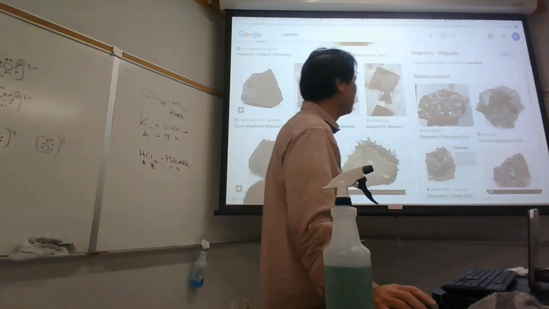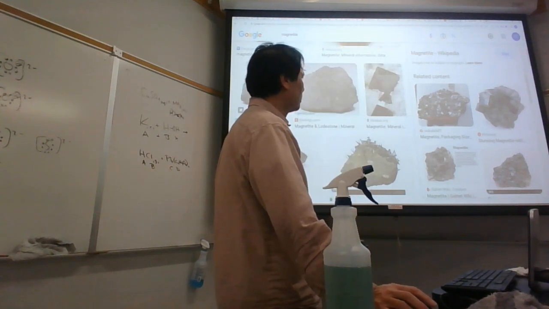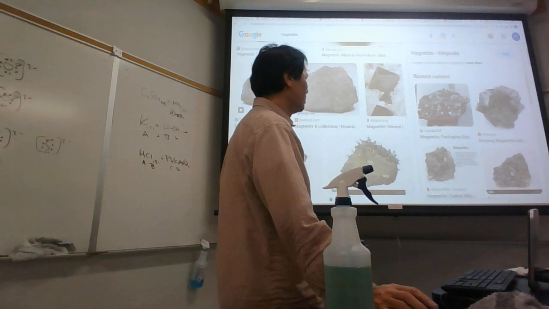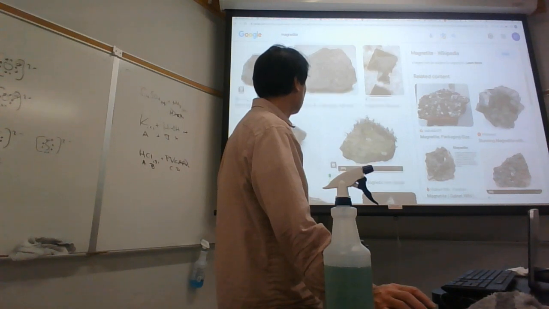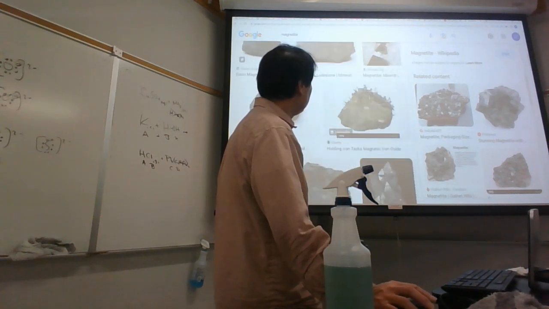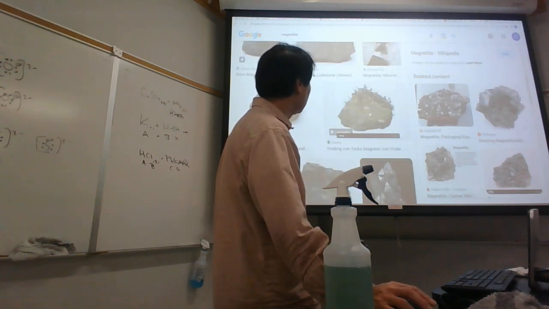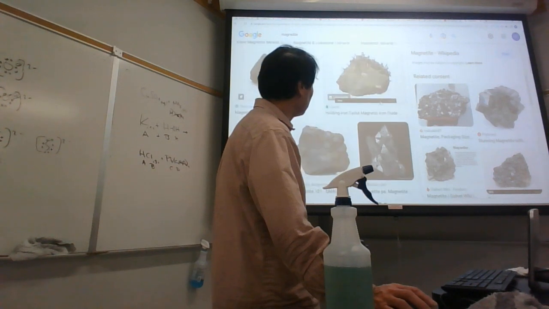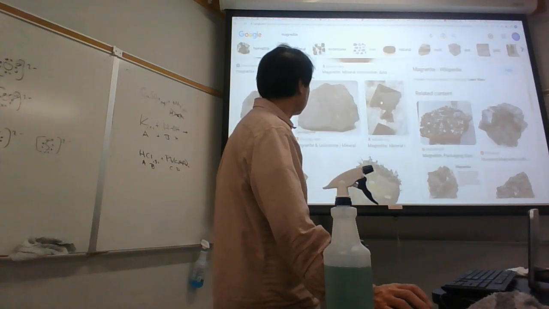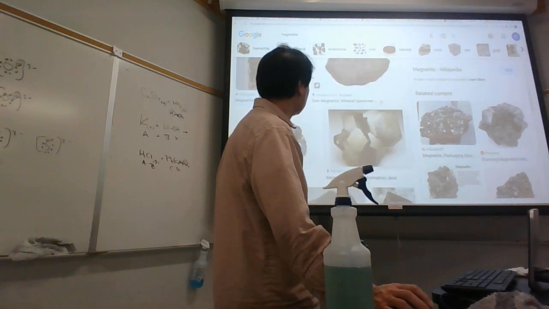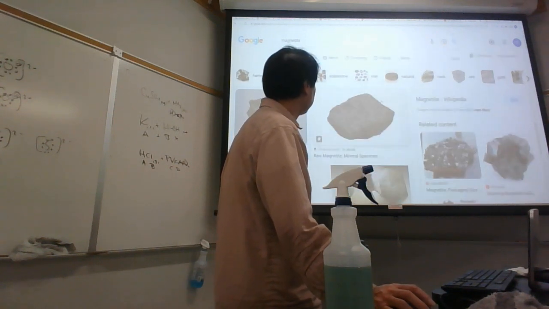I've done that many times. Probably the beaches here, all the magnetite's been washed away. This is a chunk of magnetite, and these are iron nails. Very interesting magnetic properties on the ferromagnetic material.